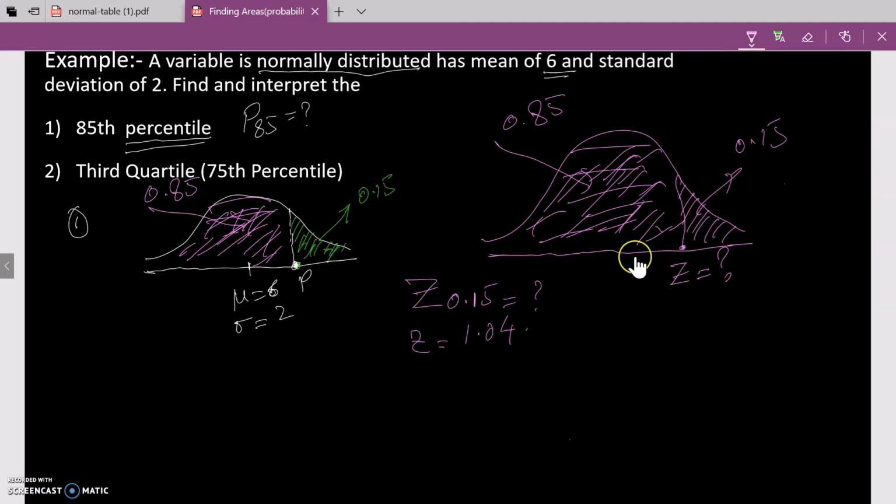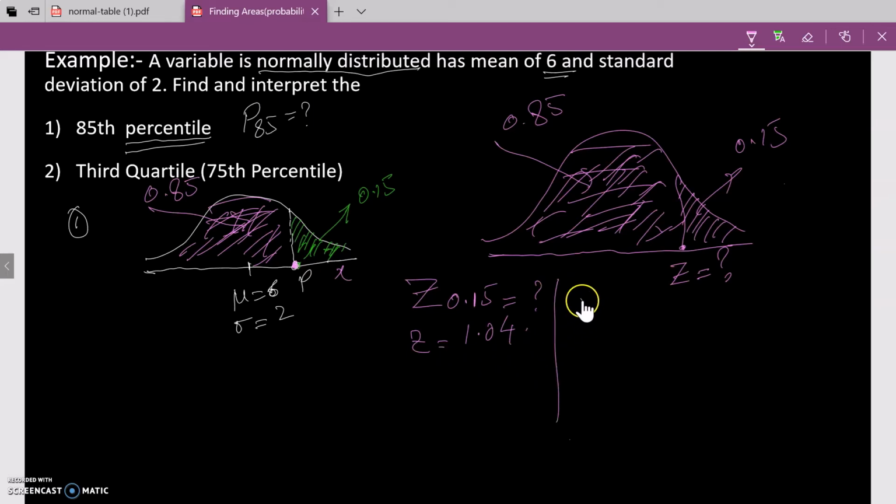Now what we are going to do, we have to find this x value. This is the x value we have to find, right? Because this is a non-standard normal curve. This is the standard normal curve, but this is the non-standard. We have to find the x value. So we are going to use this transformation.